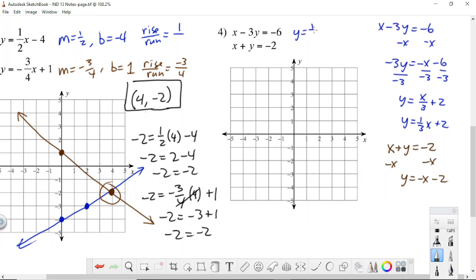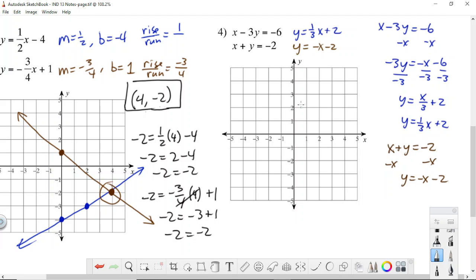Y equals 1/3 x plus 2. And the other one, y equals negative x minus 2.